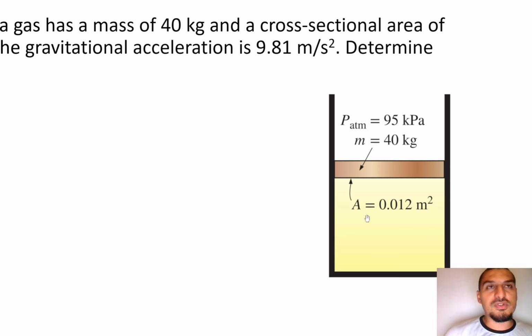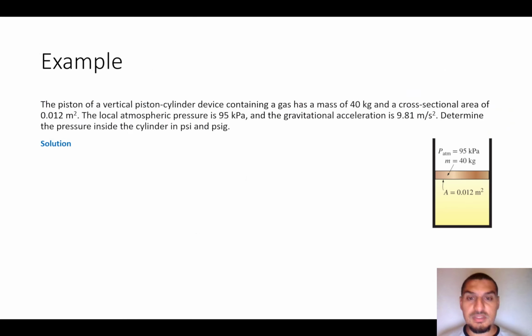The amount of pressure due to this 1 or 2 meters is going to be very negligible compared to the pressure that we deal with, like the atmospheric pressure here. So we consider the pressure everywhere in this cylinder equal. This is why we didn't specify the point at which we want to calculate the pressure, because the pressure is the same everywhere.